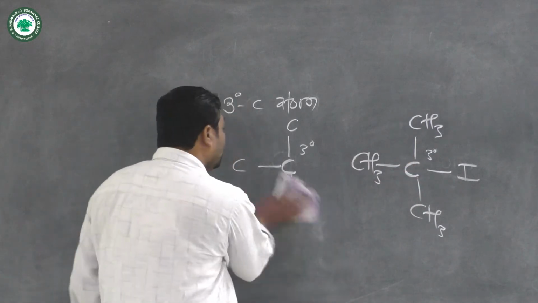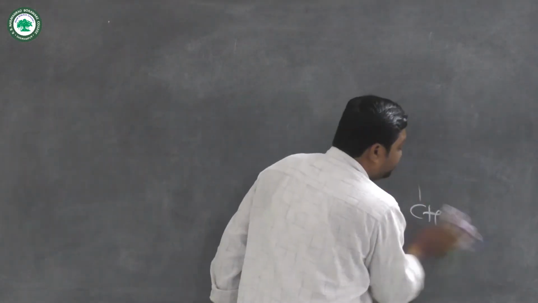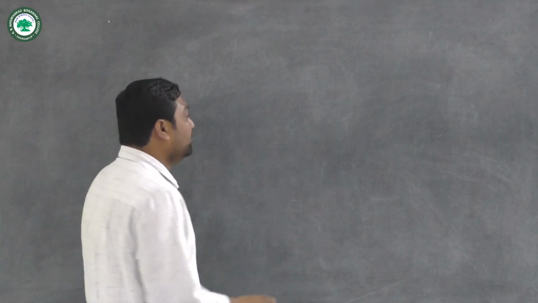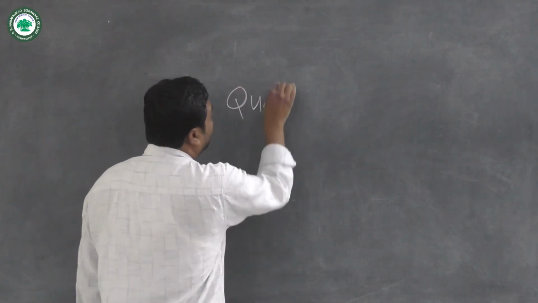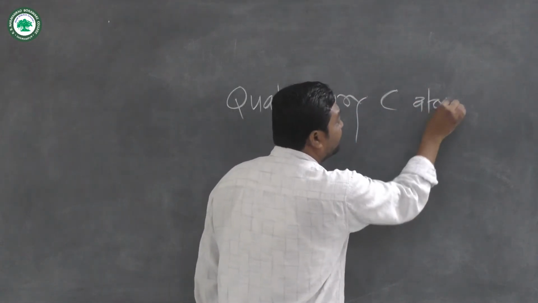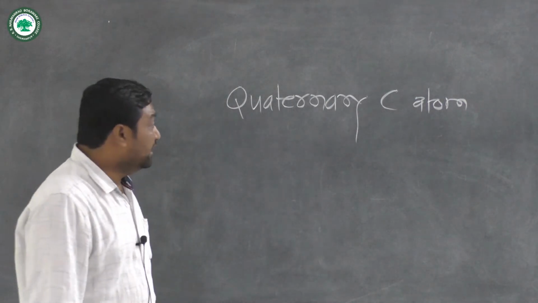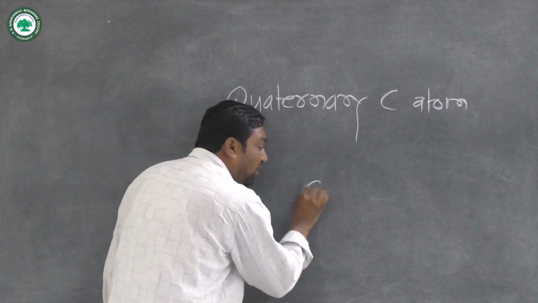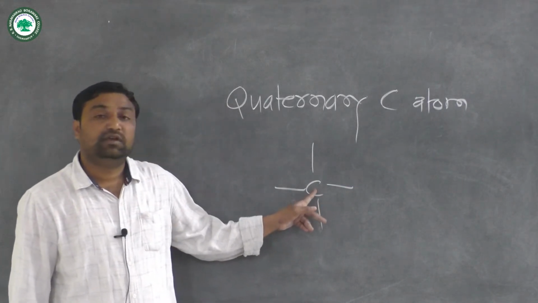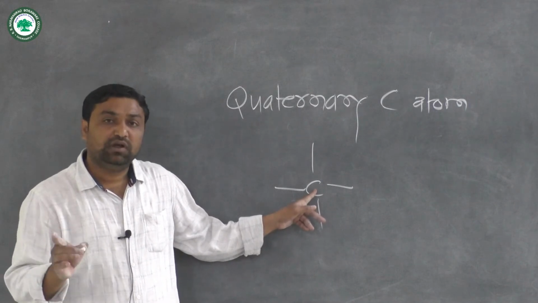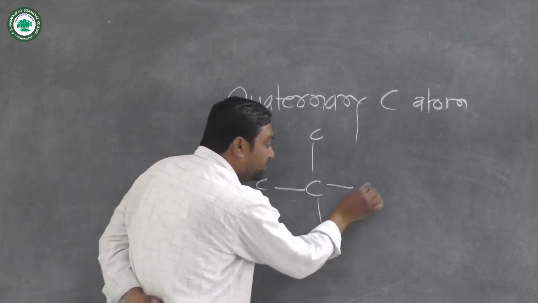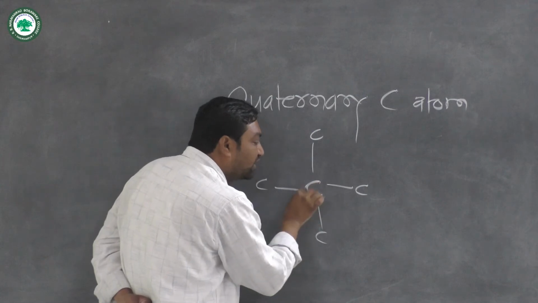Now there is one more type, that is the quaternary carbon atom. If all four valencies of a carbon atom are satisfied by four carbon atoms, then that carbon atom is called a quaternary carbon atom.